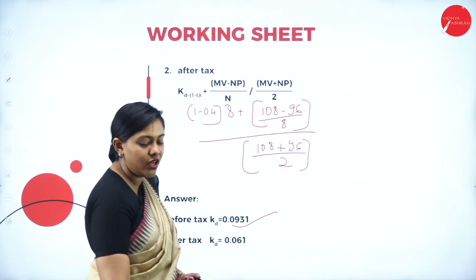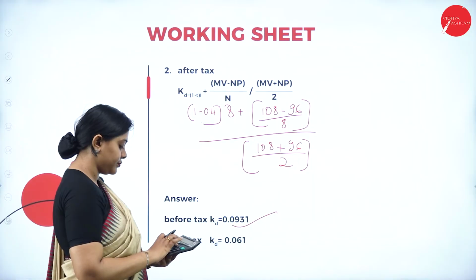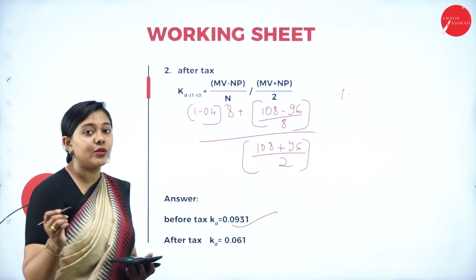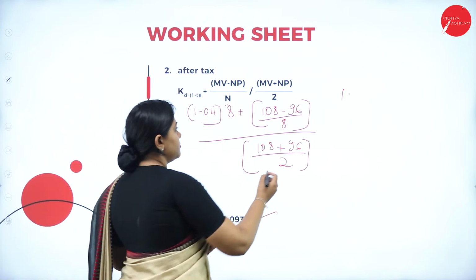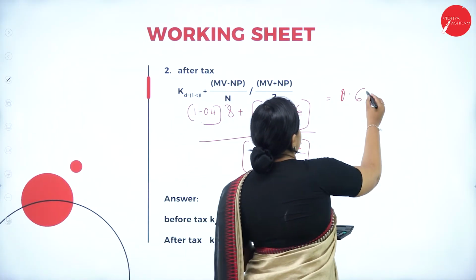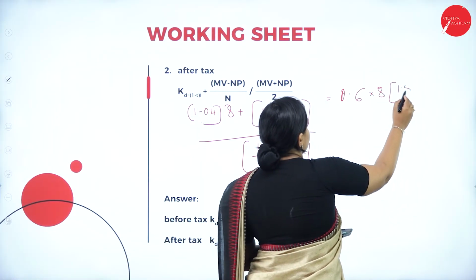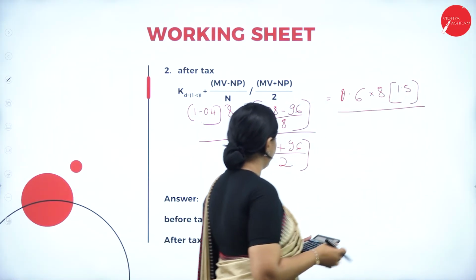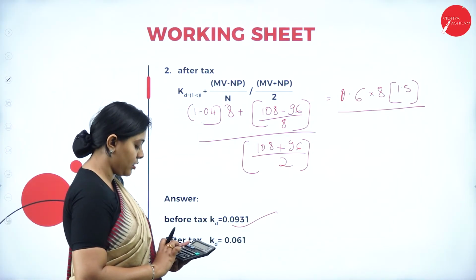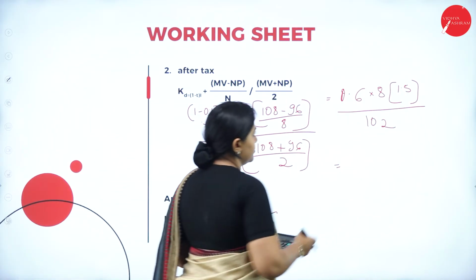So let's substitute. 1 minus 0.4, it will be 0.6. 108 plus 96 divided by 2, it is 102.